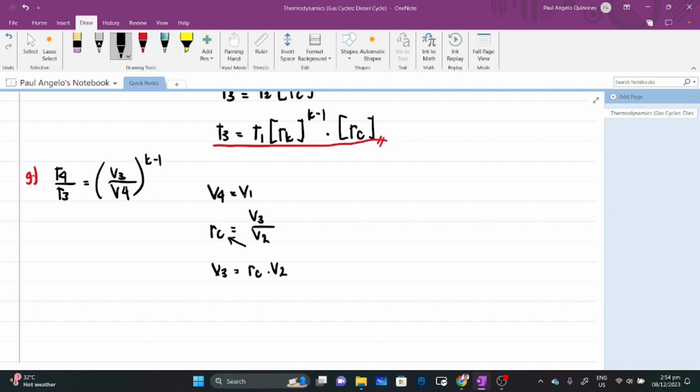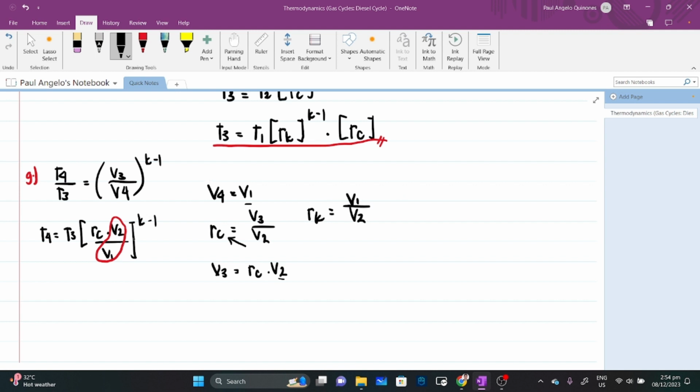Okay? So if we substitute the necessary values in our equation, we will have T4 is equal to T3 quantity V3, which is RC times V2, divided by V4, which is equal to V1, so that is V1, raised to K minus 1. Okay? So as you can see here, V2 over V1 is simply the inverse of our compression ratio, because compression ratio is V1 over V2.